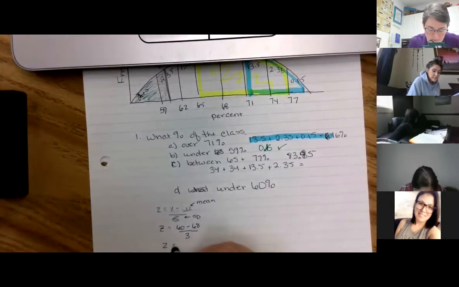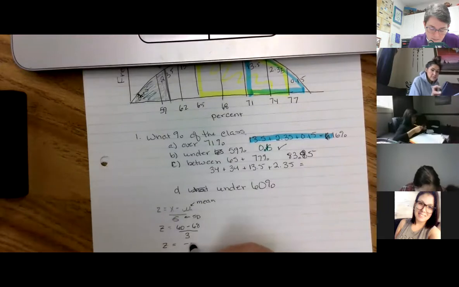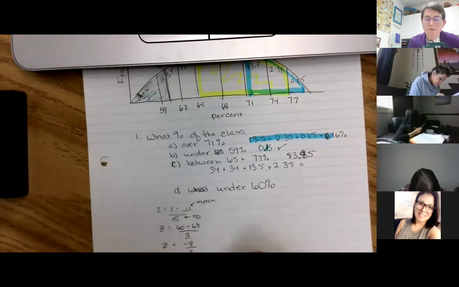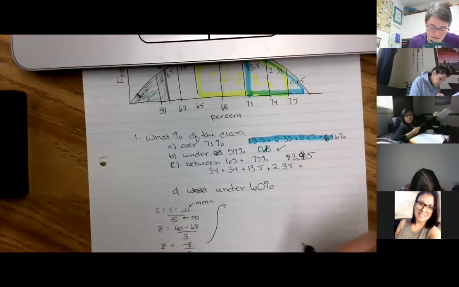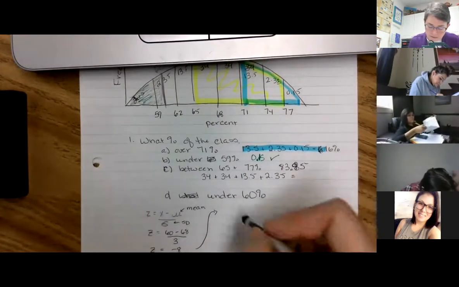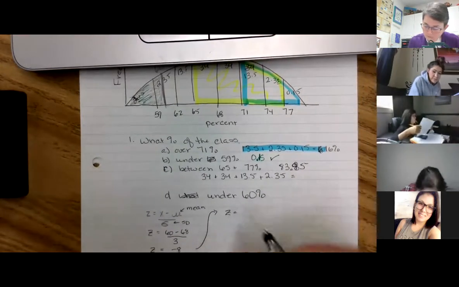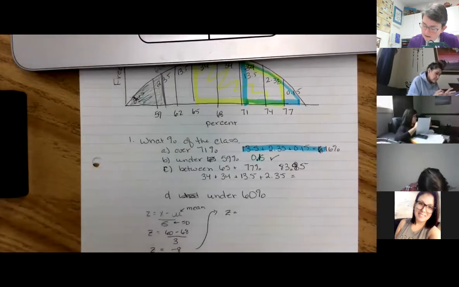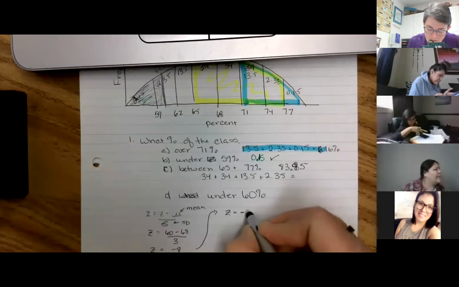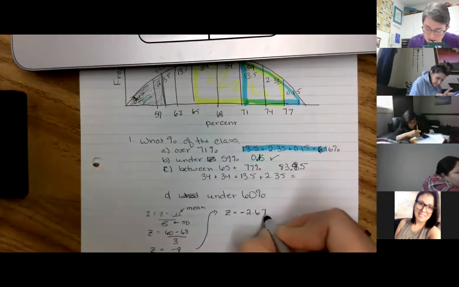So the Z score is gonna be minus 8 over 3, and I'm gonna go up here so you can actually see what I'm doing. 8 divided by 3. Negative 2.67.